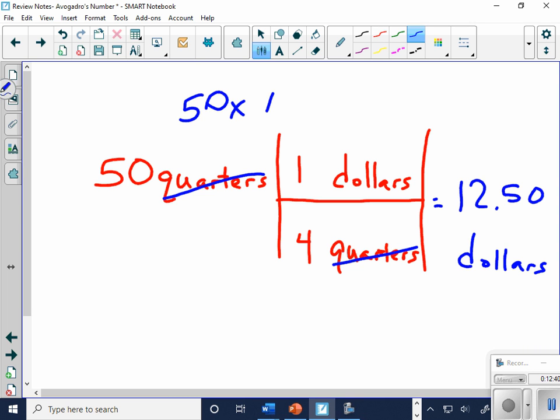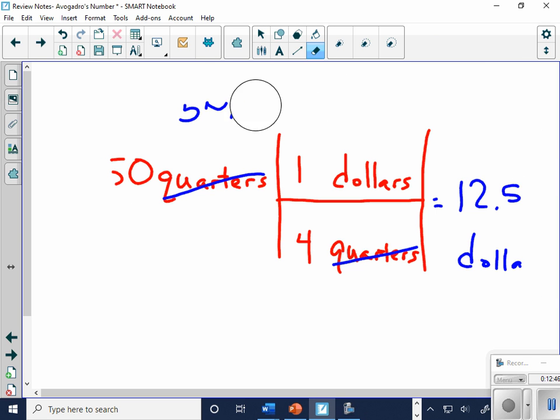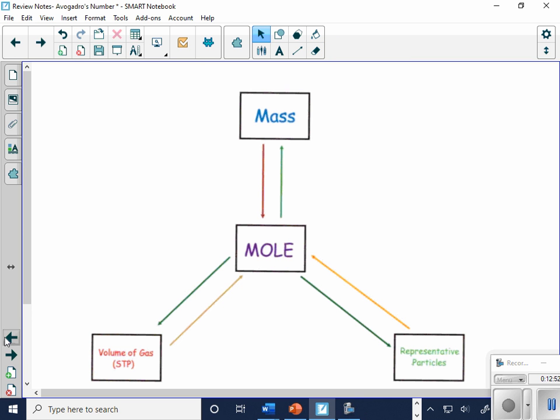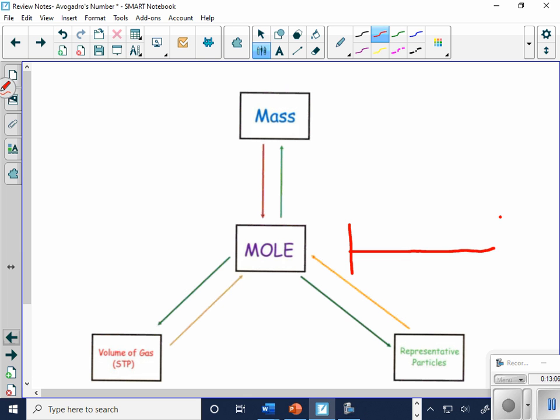Well, now we're going to do the same exact thing, folks, except we're going to be using Avogadro's number, which is a very, very big number. So when I come back here to my flux capacitor, I'm going to set up a conversion box right by this arrow.